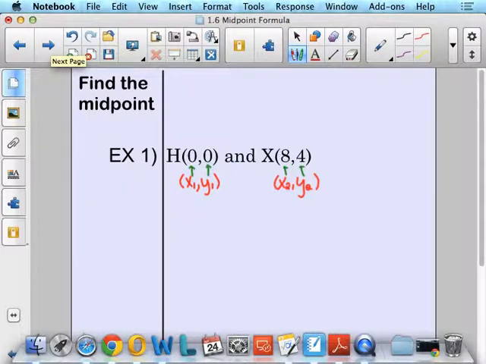Okay, so if I'm finding the midpoint, I know midpoint is x1 plus x2 divided by 2 and y1 plus y2 divided by 2.